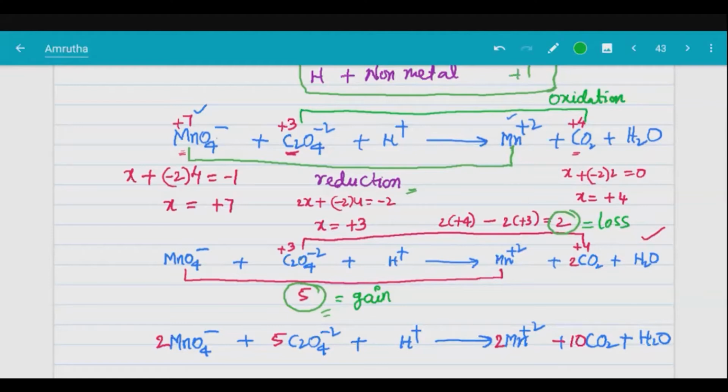So for that, the gain of 5 electrons I'm multiplying with oxidation, and this reduction I'm multiplying with this 2. Cross multiplication. Got it now? I found oxidation and reduction, then I found how many electrons gained and lost. After that, I just did cross multiplication.